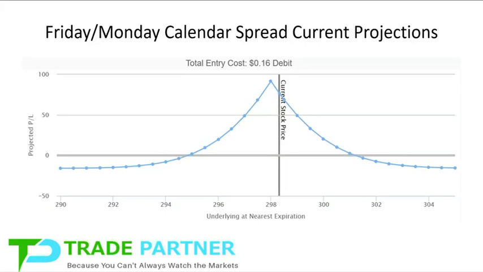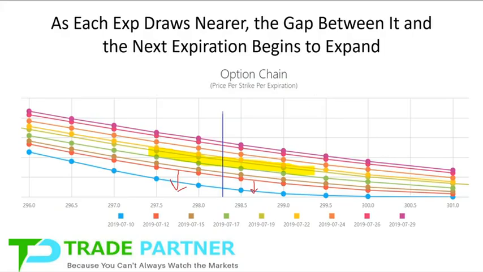Now, another way to look at this is looking at Friday, Monday calendar spreads. This is the same thing, only in a slightly different way. Each of these is basically a calendar spread if you look along the same horizontal line.